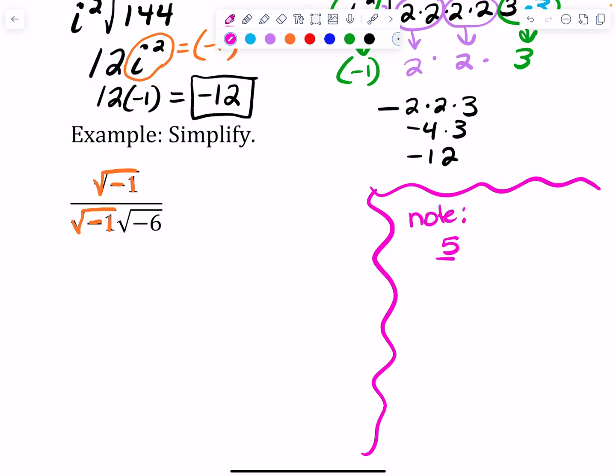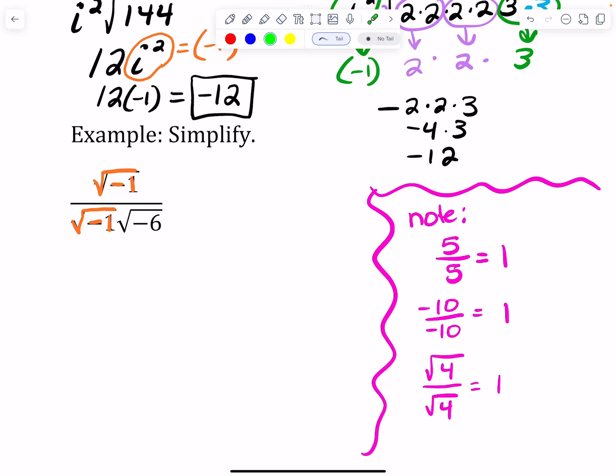what is 5 divided by 5? Right? That equals 1. We've got -10 divided by -10. That equals 1. The square root of 4 over the square root of 4. That equals 1. Anytime we have something divided by itself, it equals 1.